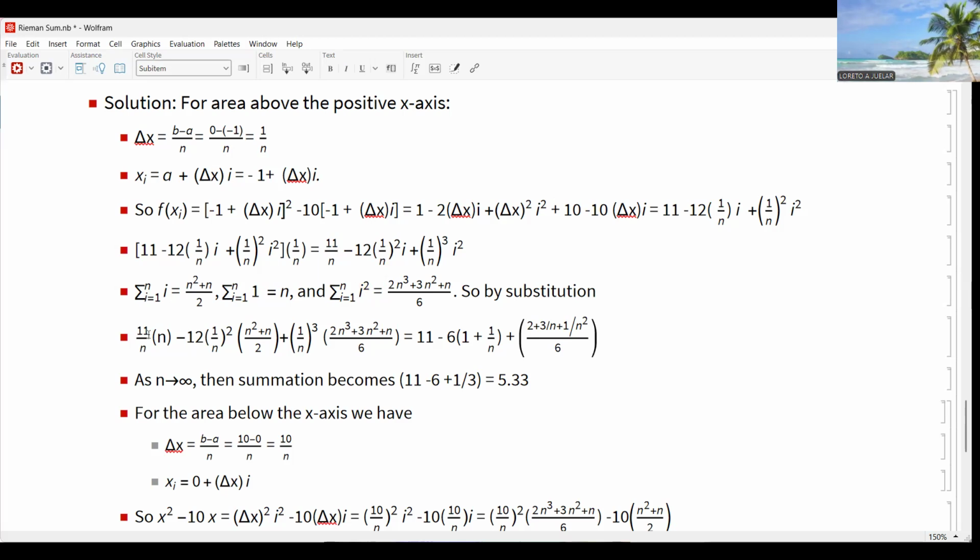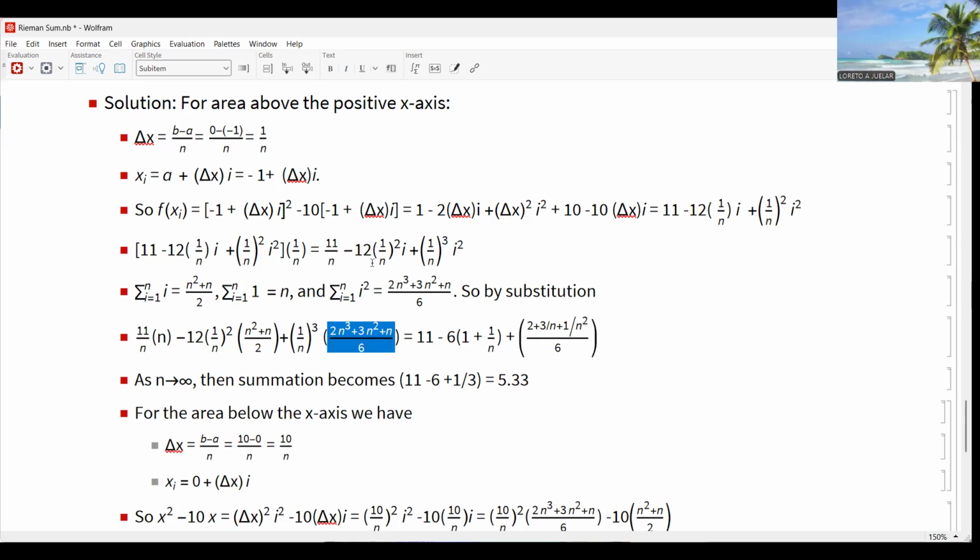So by substitution here, we have the 11 over n. So the summation of 1 from i to n here is equal to n. Then we have this one, the summation of i here. Okay, so negative 12, this one. Then the summation of i squared here.